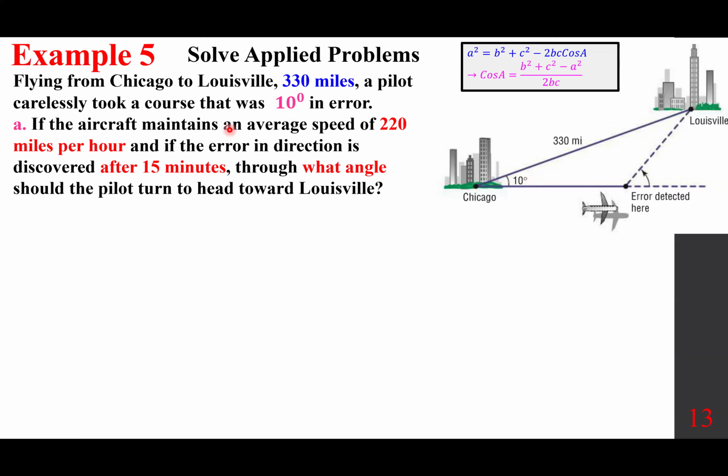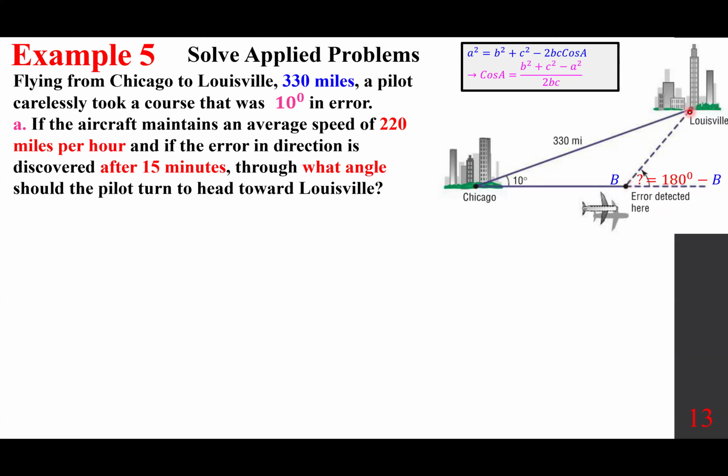If the aircraft maintains an average of 220 miles per hour, and if the error is discovered after 15 minutes, through what angle should the pilot turn to head towards Louisville? Fifteen minutes later we notice, and we have to turn through this angle to go to the right place.